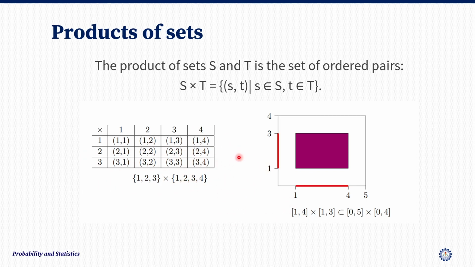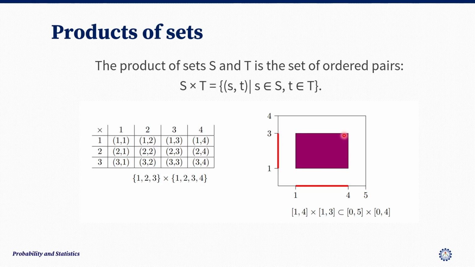Let's say for instance the set S is 1, 2, 3 and the set T is 1, 2, 3, 4. If we illustrate that in a diagram here, the product of set 1 to 4 and 1 to 3 is a subset of 0 to 5 multiplied by 0 to 4. So we have here 1 to 4 and then 1 to 3.